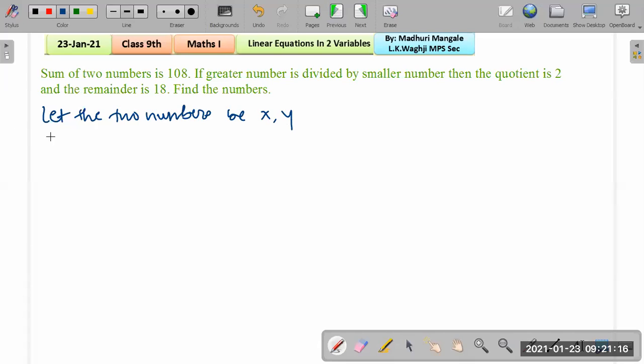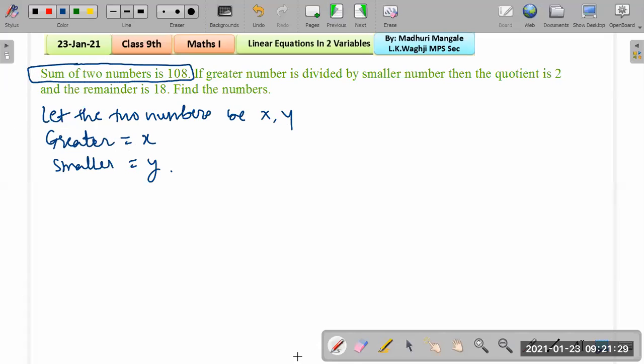One is greater, one is smaller, so let the greater one equal x and let the smaller number equal y. The sum of two numbers is 108. This one is very easy, you all have to do this. Get equation 1 on your own, write it out on paper, and then check the second condition.